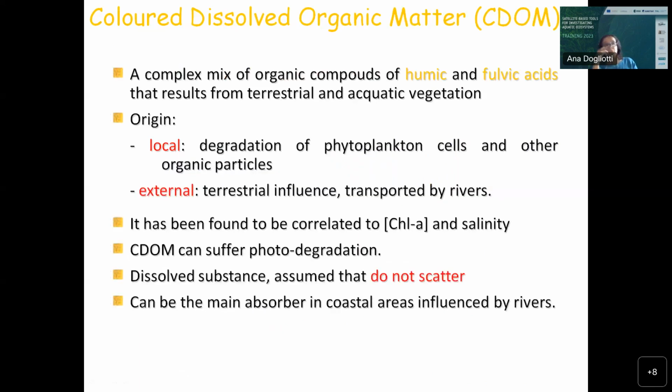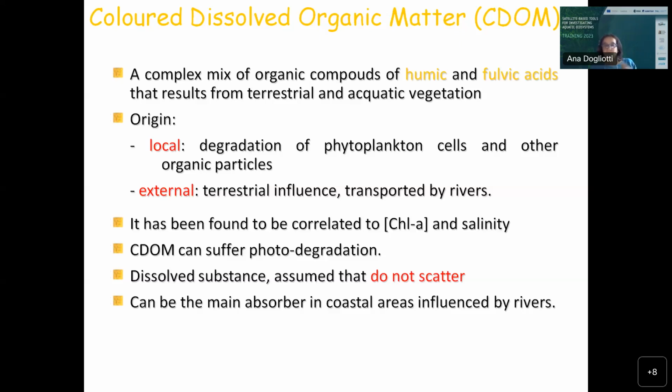And we go to the fourth component, which we mentioned was the colored dissolved organic matter, or CDOM. And what is CDOM? CDOM is a complex mix of organic compounds of humic and fulvic acids that result from terrestrial and aquatic vegetation. You may have seen when you water a plant, the water coming out after passing through the earth has a yellowish color.